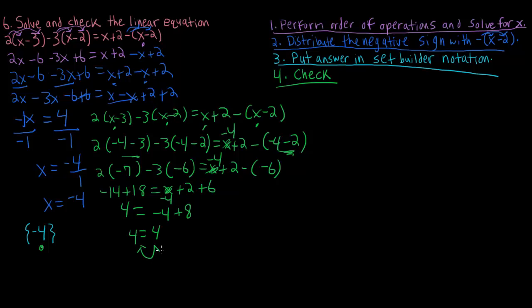So these statements are equal to each other, which means our solution is correct. So we would just write down the solution set is inside of our curly brackets, inside of our braces, negative 4.